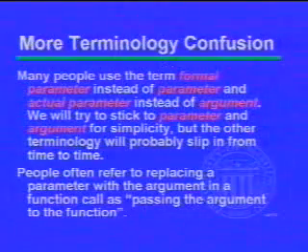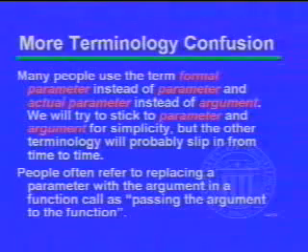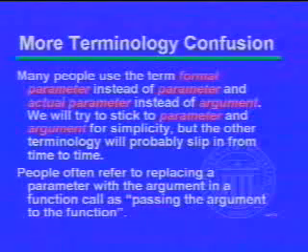There's a little bit of terminology confusion. Some textbooks use the word formal parameter for what you see in the function definition. They use actual parameter instead of argument for the value you pass when you call. Generally in these slides I'll try to stick to parameter for the definition and argument for the call.